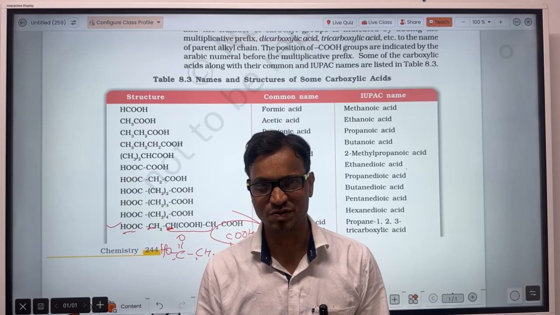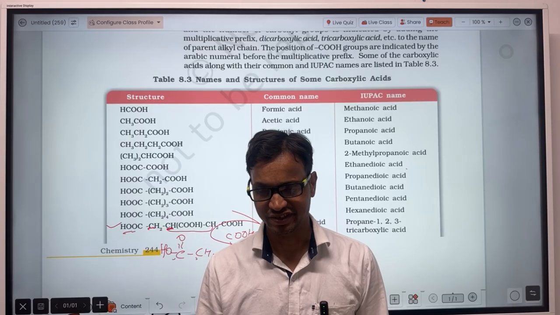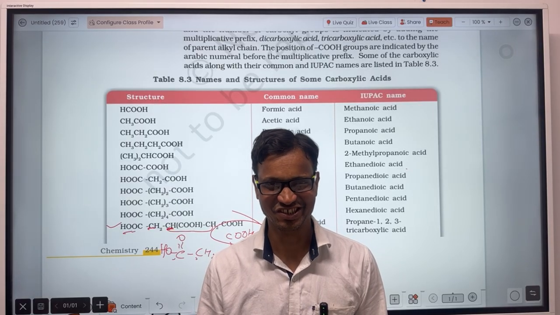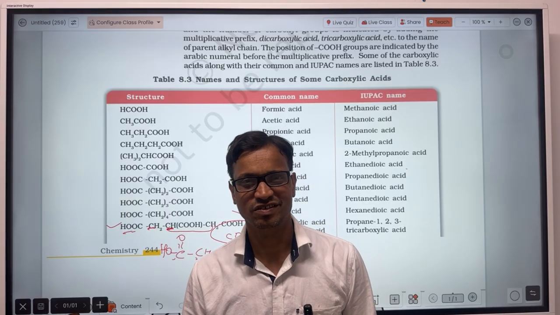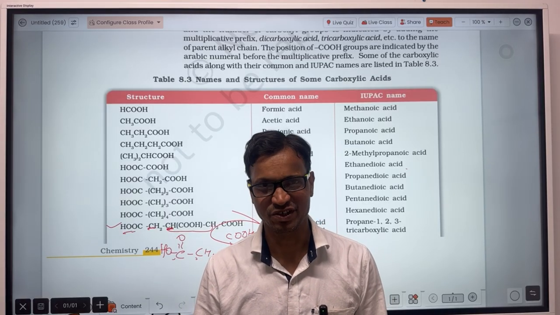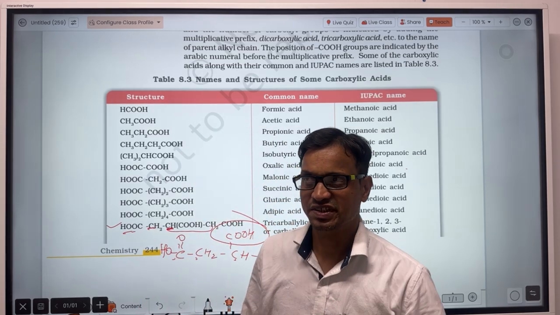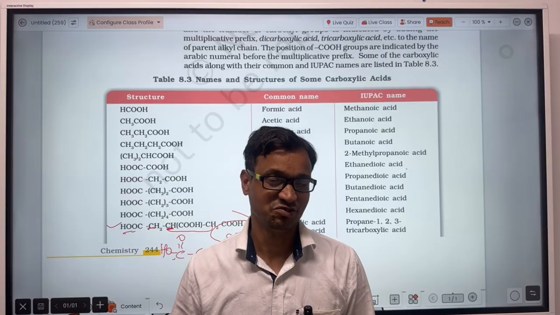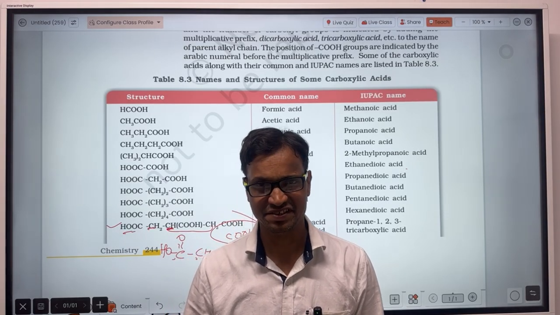So it will not be fair to include 2 groups in the main chain and not include the 3rd one. So either you include all of them or don't include any of them. You cannot include all the groups in the main chain, so that's why don't include any COOH group in the main chain.